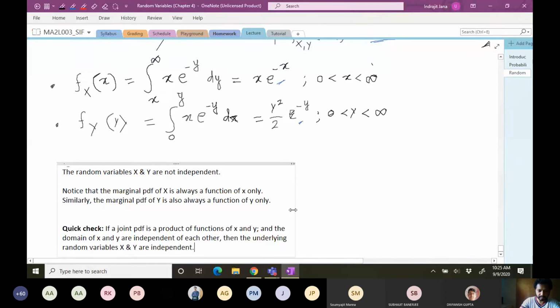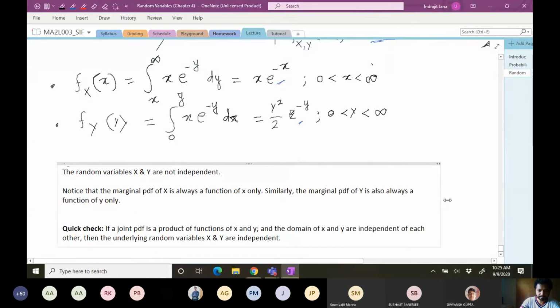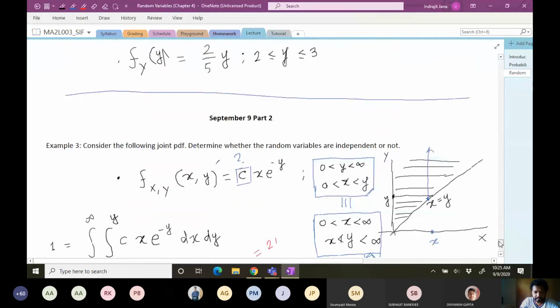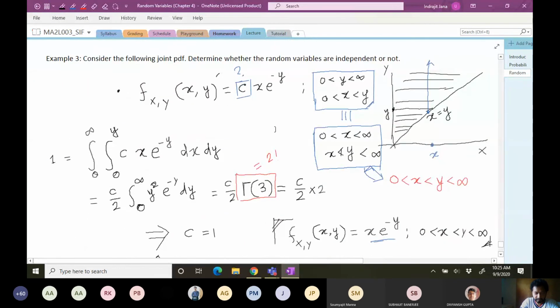So what do I mean here? If I look at the joint PDF in the last example that I gave, it was actually a product of functions of x and y. For example, it can be written as f(x) equal to x times f(y) equal to e to the power negative y.